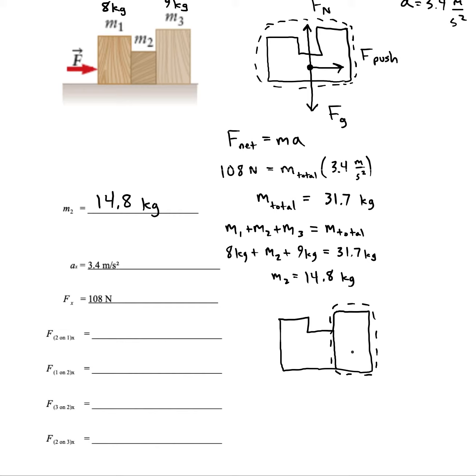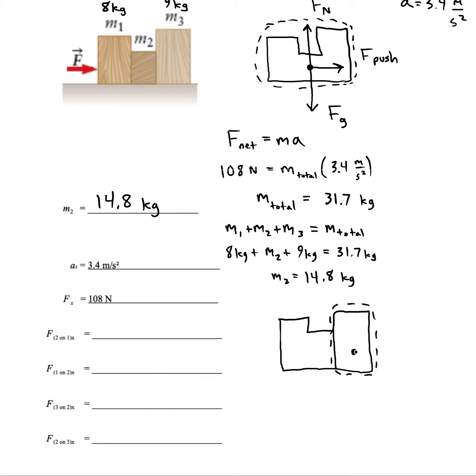So now I'll draw a free body diagram just for that block. Now it's going to have a weight and a normal force, but those don't really matter when it comes to analyzing the lateral normal forces. So I'll just leave those off.